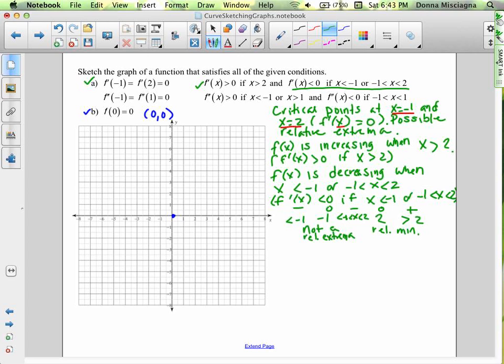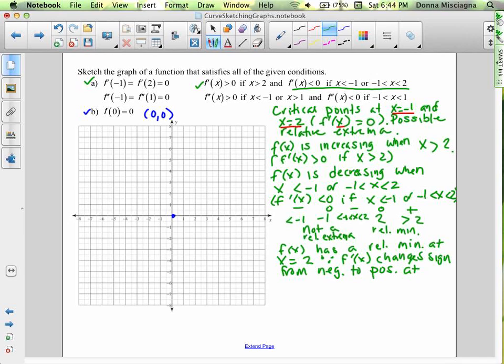All right, so now let's justify what we've got here. Let's explain our sign chart, because we never want to go with just a sign chart. So f of x has a relative minimum at x equals 2, because f prime of x changes sign from negative to positive at x equals 2.